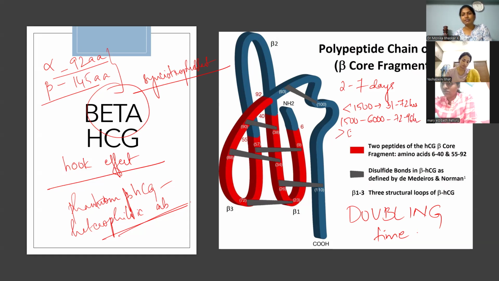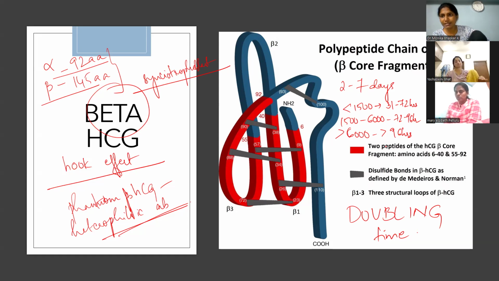If the beta HCG is more than 6000, the doubling time will be more than 4 days, that is more than 96 hours. So the range of doubling will be between 2 to 7 days, that is 48 hours to 7 days. So what is doubling? It is the beta HCG value being multiplied by 2. Okay, so that is doubling.